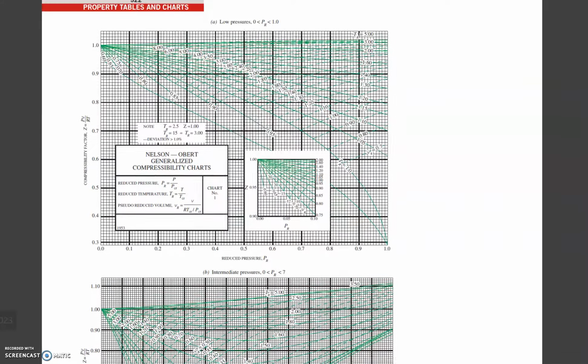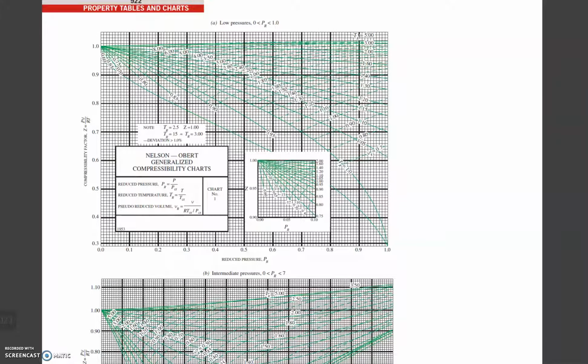It's better to use this one because our PR is between 0 and 1. Our PR is 0.59, which is very close to 0.6, and our TR is 1.033. So you start from the x-axis at 0.6.